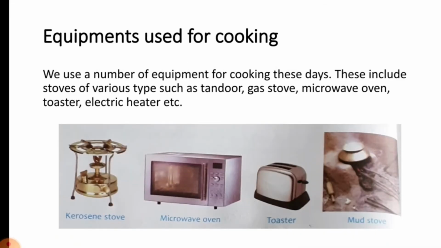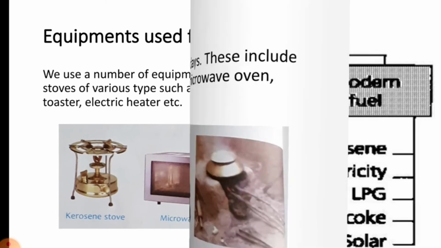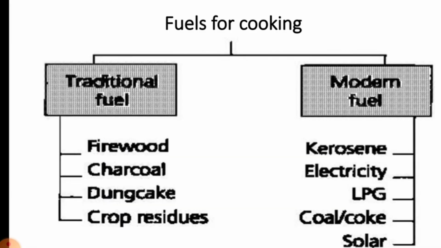Equipments used for cooking. Students, we use a number of equipments for cooking these days, and these include stoves of various types such as tandoors, gas stoves, microwave oven, toaster, and electric heater, etc. Fuels for cooking.